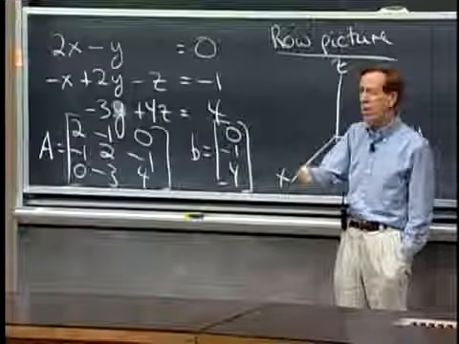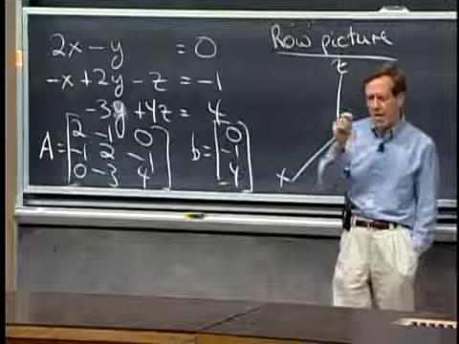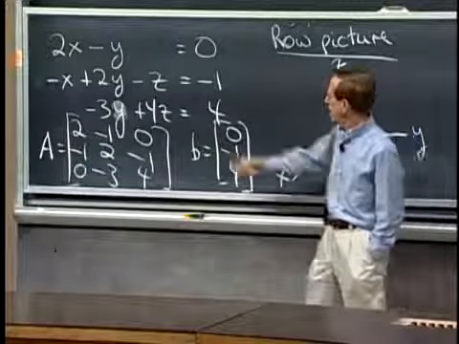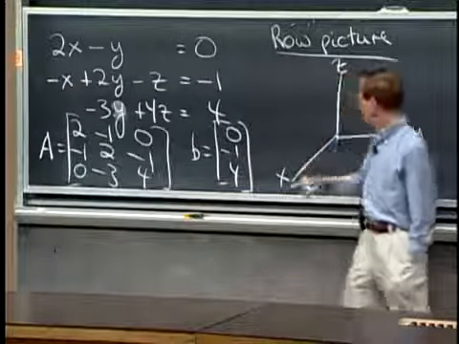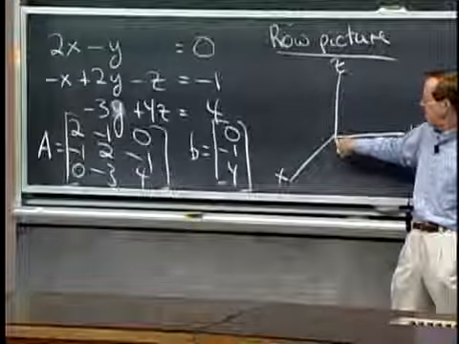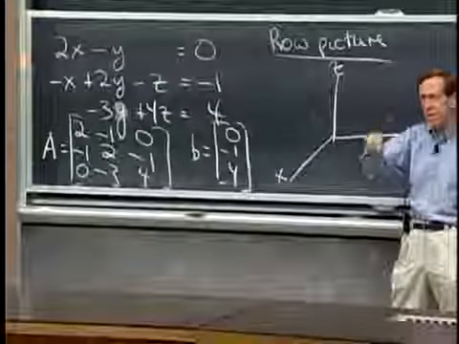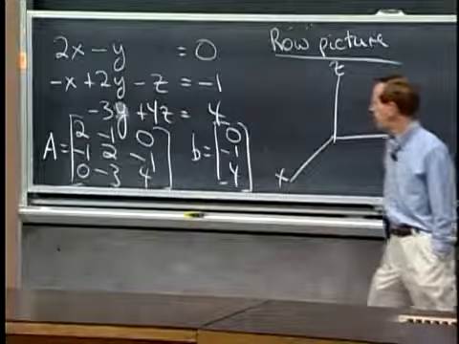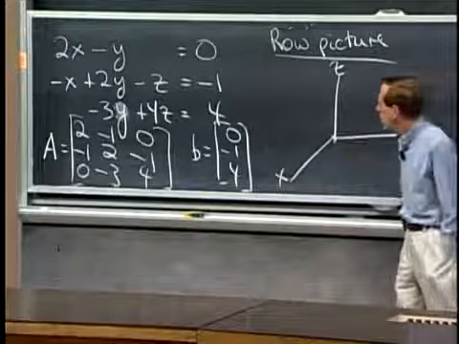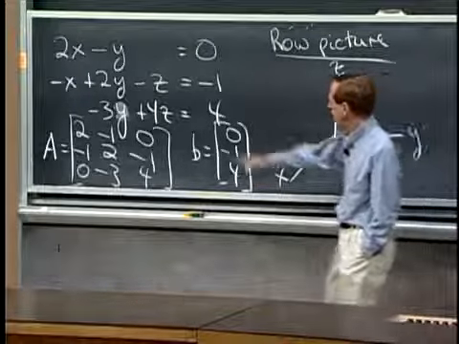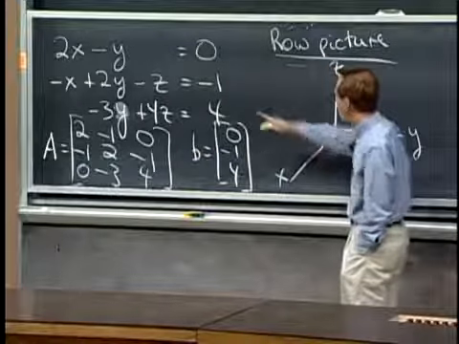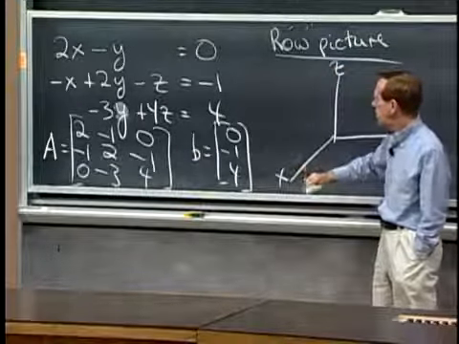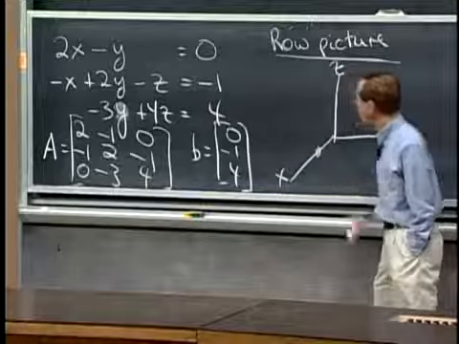If I make a picture of all the x, y, z points that solve this equation, well, first of all, the origin is not one of them. X, Y, Z being 0, 0, 0 would not solve that equation. So what are some points that do solve the equation? Let's see, maybe if x is 1, y and z could be 0. That would work, right? So there's 1 point.